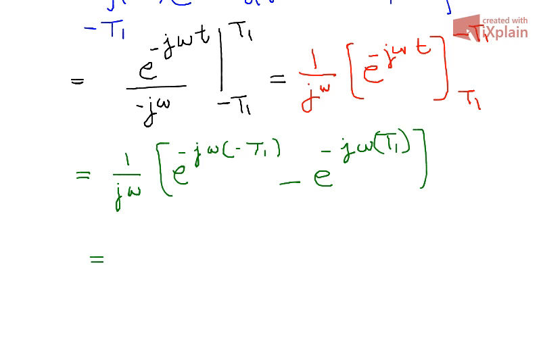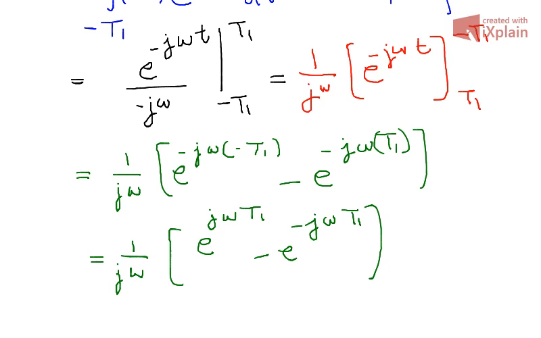So you can see that this is actually equal to 1 over j omega times e raised to the power j omega t1 minus e raised to the power minus j omega t1, right?